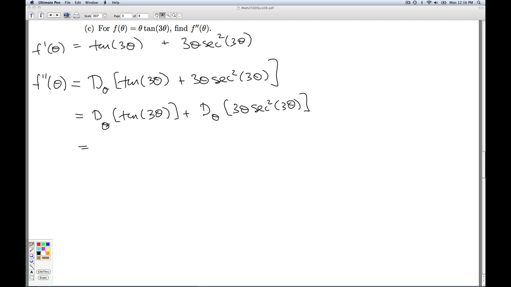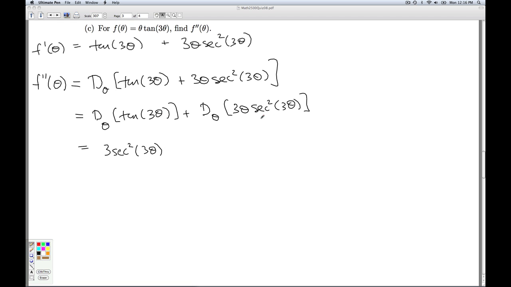The derivative with respect to theta of the tangent of 3 theta, we just did that. It's secant squared of 3 theta times the derivative of 3 theta. And we got 3 secant squared 3 theta. So that was the chain rule there.